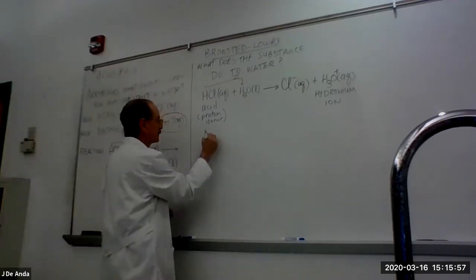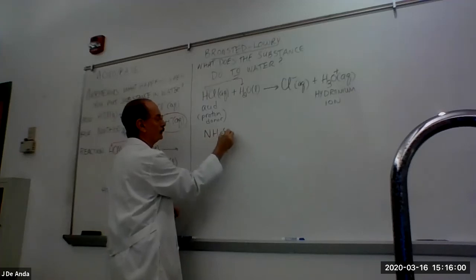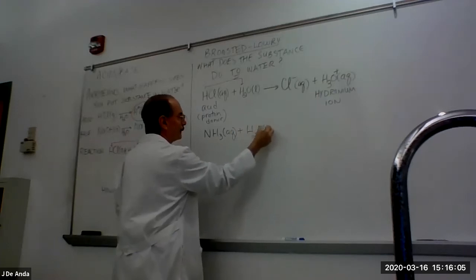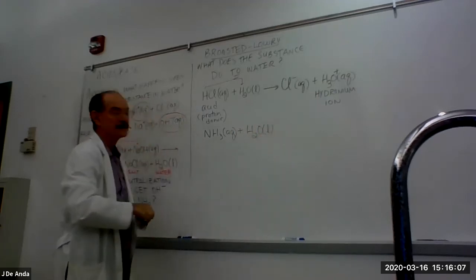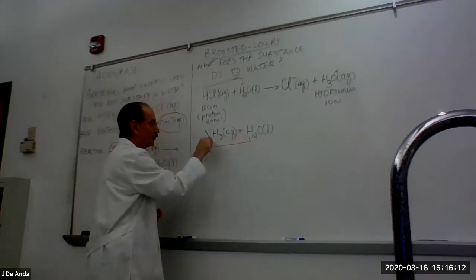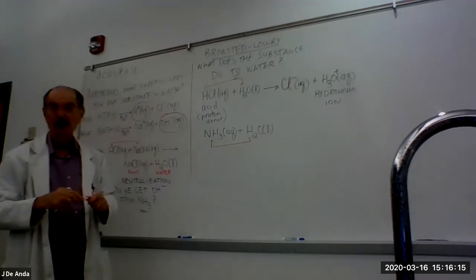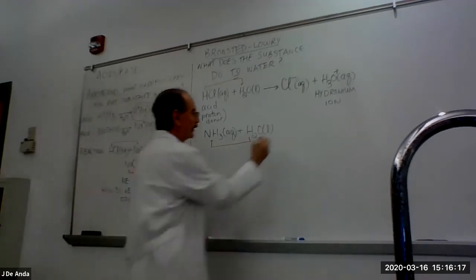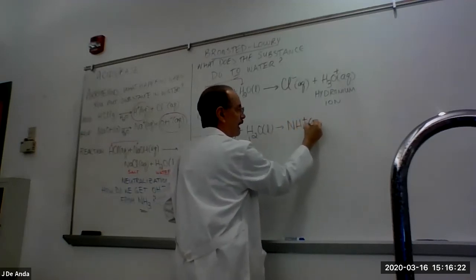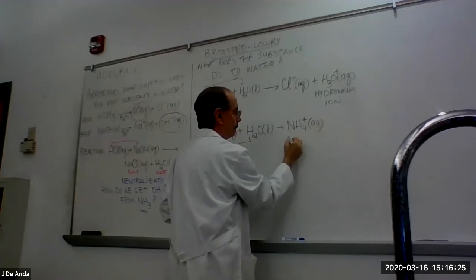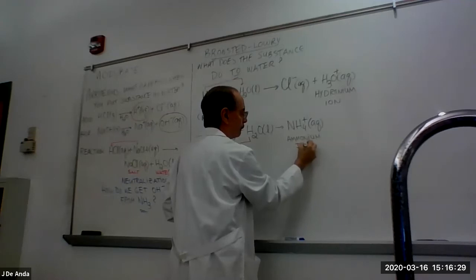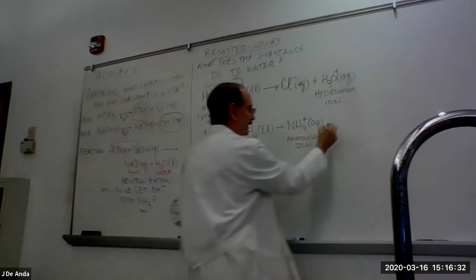So let's ask ourselves, when I put ammonia in water and react it with water, what I'm going to see is a transfer again of a proton from the water to the ammonia. And what I'm going to end up getting is an ammonium ion, and guess what?